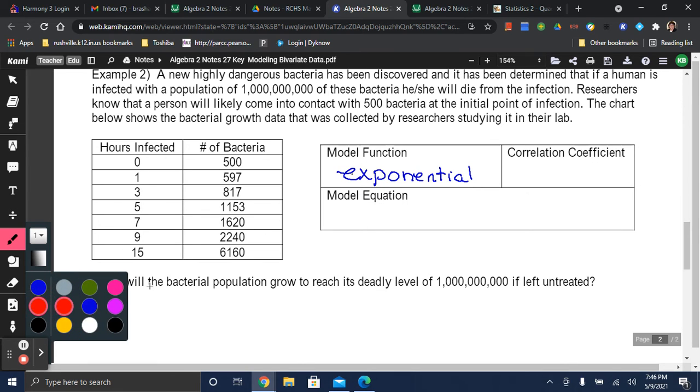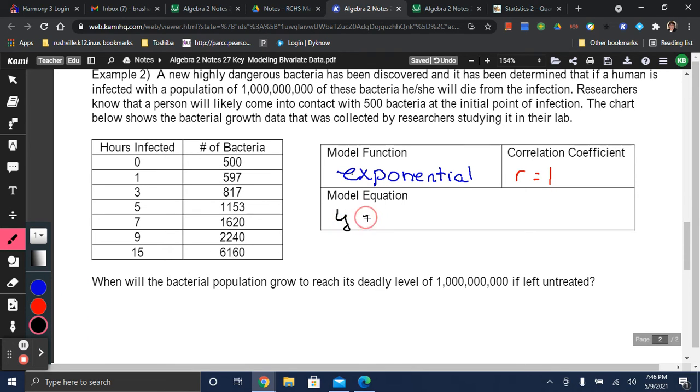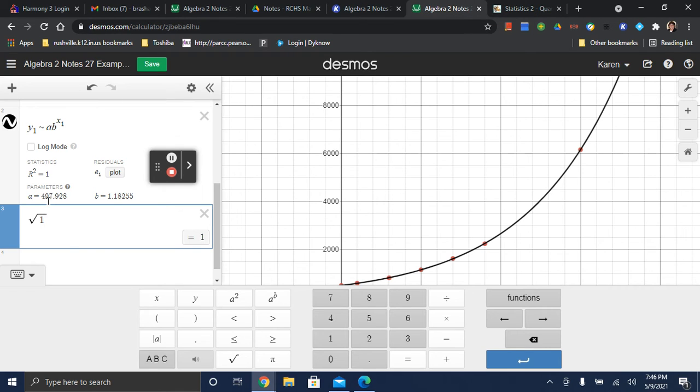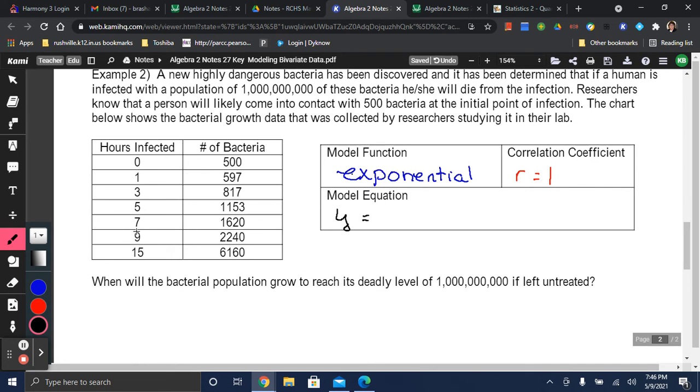That means it is a perfect fit. So the graph completely predicts what is going on with this. So your model equation is going to be y equals, we're going to go back and get our numbers off of Desmos. The A is 497.928. So I'm going to do that one first. 497.928.